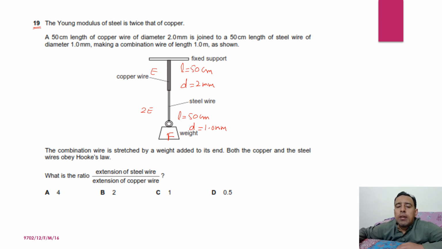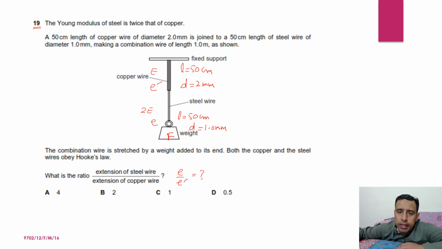Now the extension in the steel wire is, you can say, e, and the extension in the copper wire is e dash. The ratio is required.